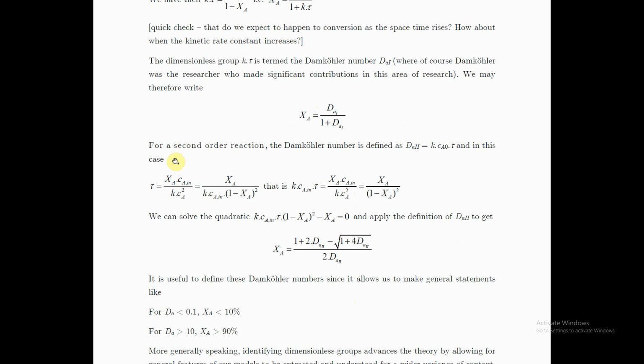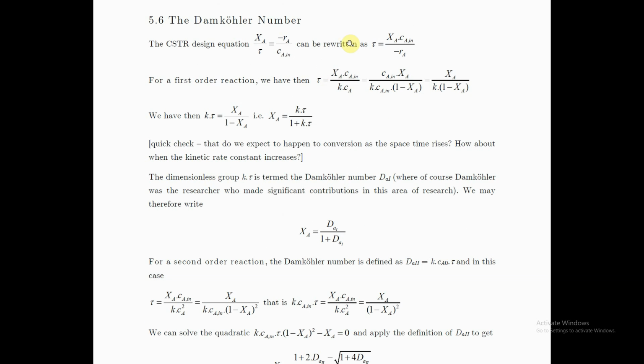If it's a second order reaction, you can follow the same steps, right? In the second order case, your reaction rate minus rA is K CA squared. So you'll have here CA in squared times (1 minus XA) squared. So the CA in here can cancel with the square there, and you'll have left over a CA in, and this will be (1 minus XA) squared.